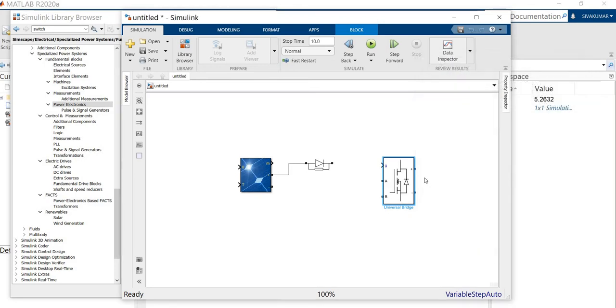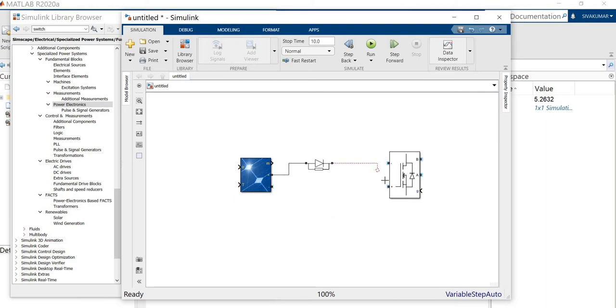Apply, then okay. I am going to rotate this module by pressing the Control R key. Keep it in your mind: this is plus and this one is minus. You have to connect very carefully, so that is very important.